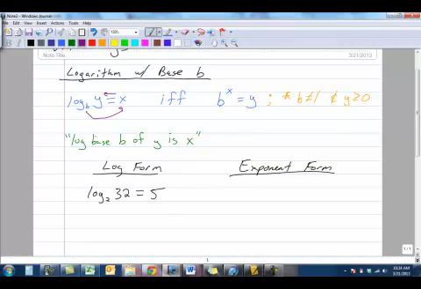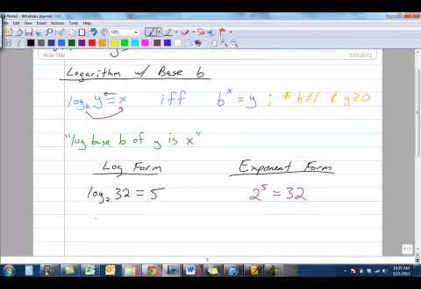Log base 2, so this is base 2 for exponent form: 2 to the, and you reach across to x. So 2 to the 5th power is, and then you come back to the 32. 2 to the 5th power is 32. Hey, that happens to be true too, isn't it? So it's always this pattern: the base raised to the far thing, and then come back to what the log is next to.